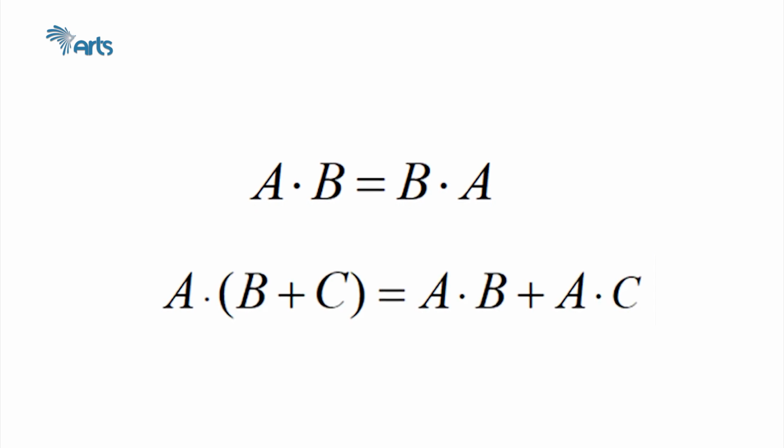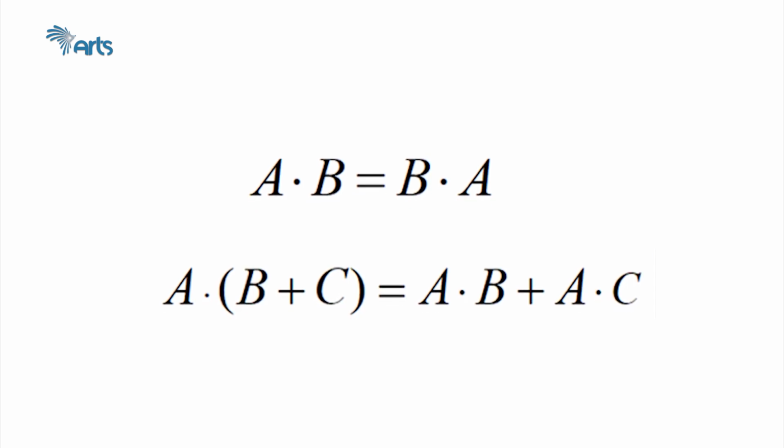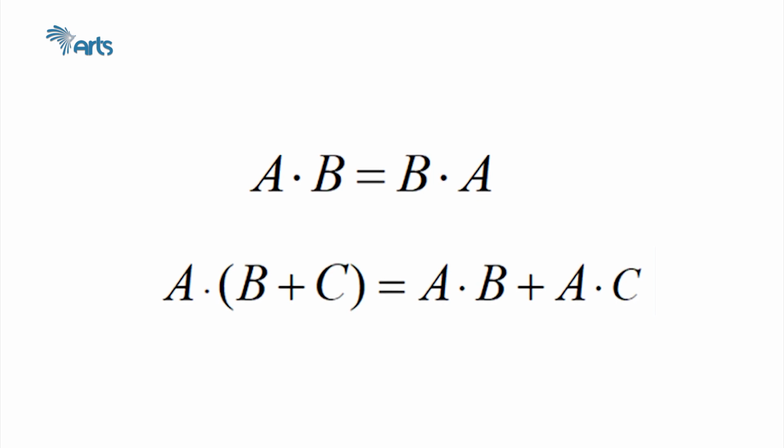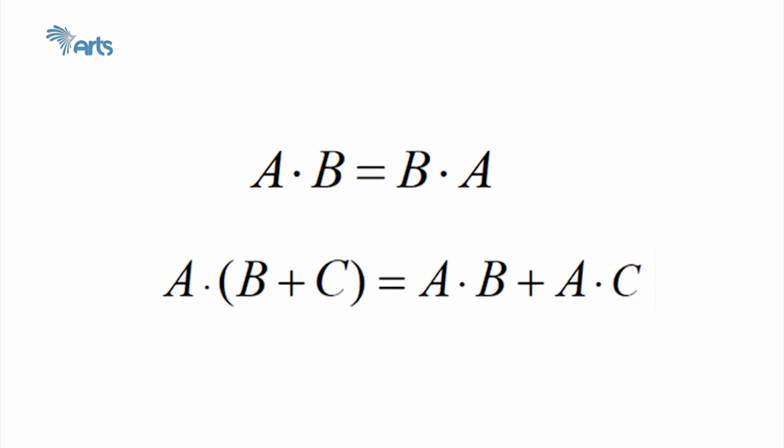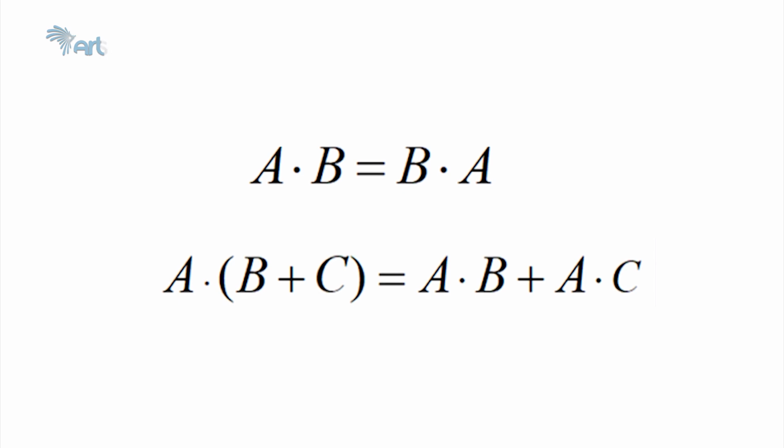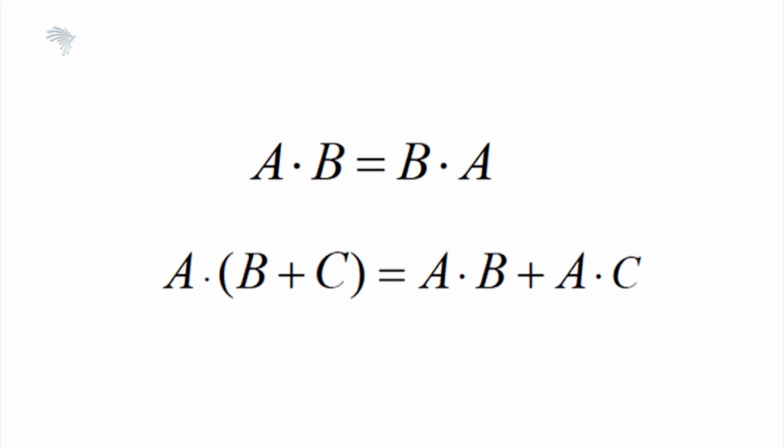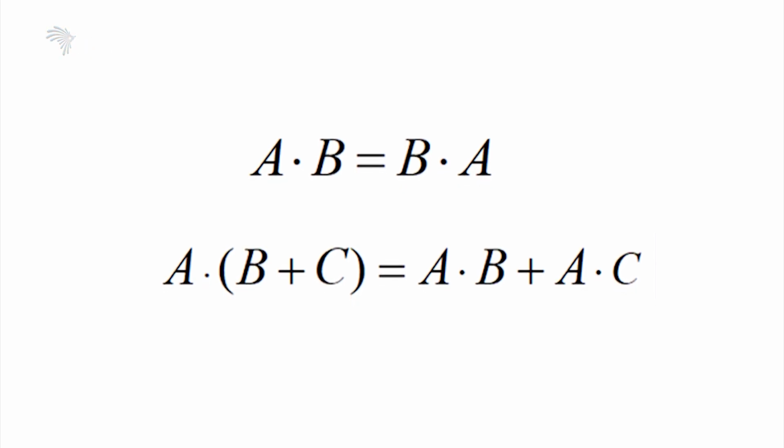Now let us see the dot product of unit vectors. For instance, if we denote vector A by unit vector i and vector B by unit vector i again, then the dot product of these two vectors will be the magnitude of unit vector i times cosine of the angle between these two vectors.